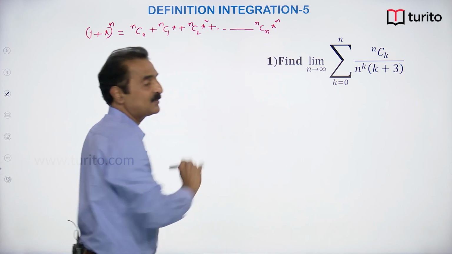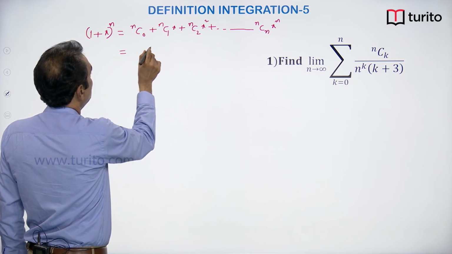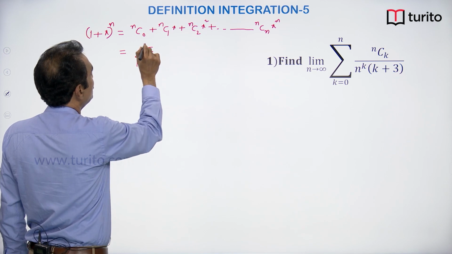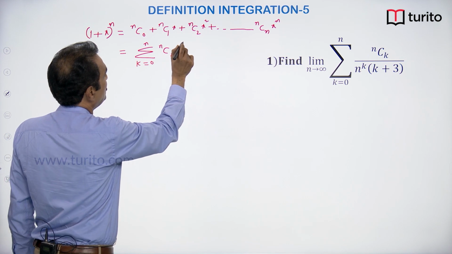This is the basic binomial theorem. We can write this expansion as sigma k varies from 0 to n, nCk into x power k.